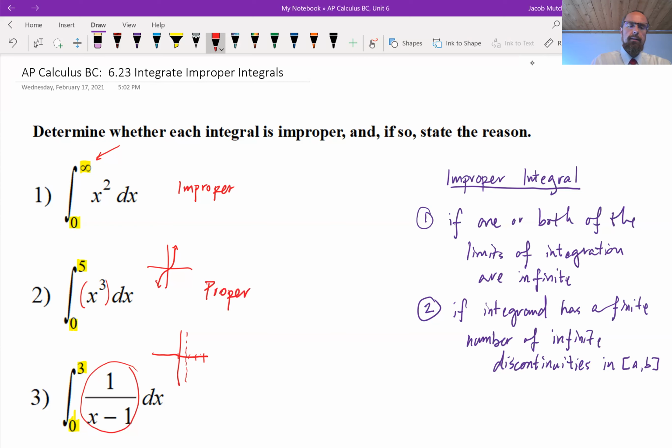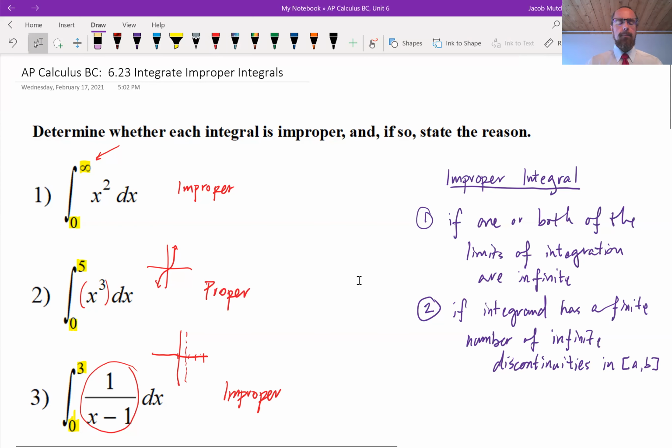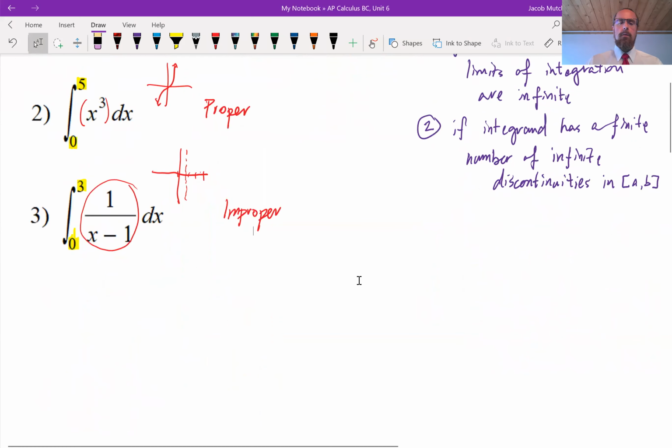And so what I would claim for this third one is that it is also improper, but for the second reason. It's got a finite number of infinite discontinuities in its closed interval from a to b. Now, we make that judgment call about whether it's a proper or improper integral so that I can have a strategy in place if it is improper.